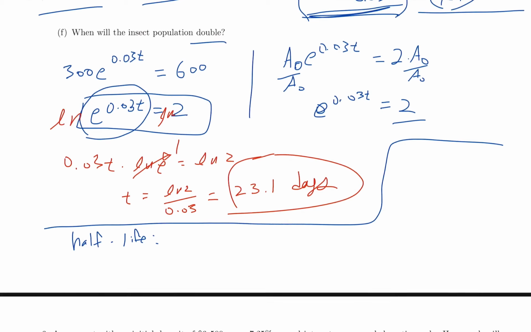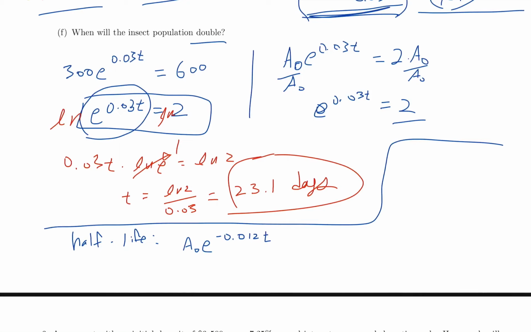Half-life. So for example, if equation is this, well, for half-life it has to be decreasing. So let's say I have negative 0.12 t. That means it's decreasing at 1.2%. Okay.